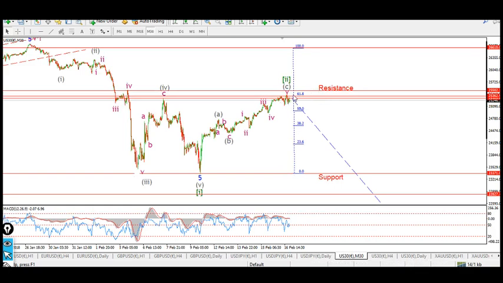So we're looking for signals of a reversal in around this band of resistance here. We had up to 25,500. Suffering from a cold and children this week. Kids are off school.